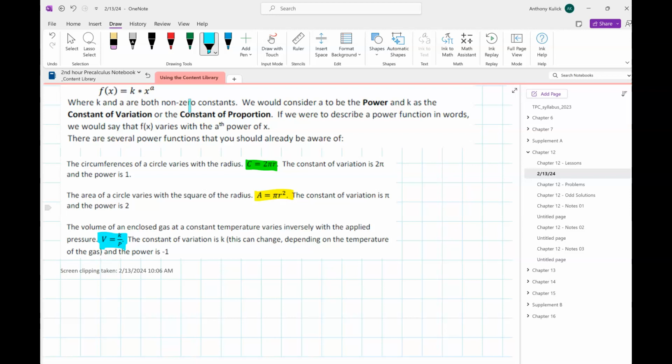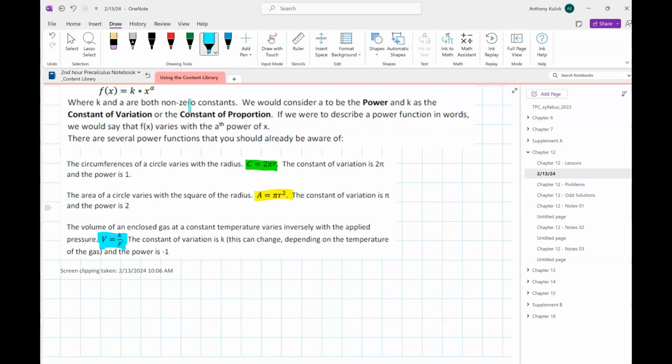What about this one? Is it Dalton's law? Chemistry people doing gas stuff? V equals K over P? No? Pressure and volume is Boyle's law.